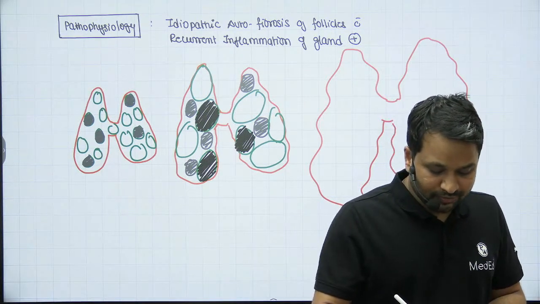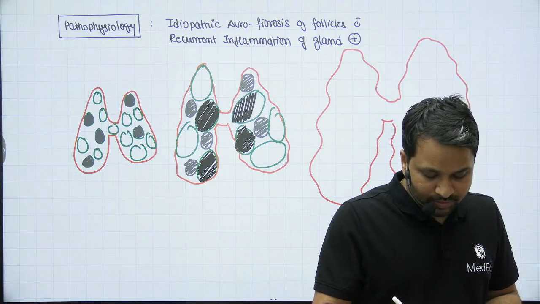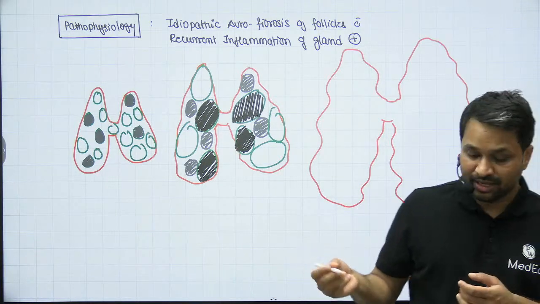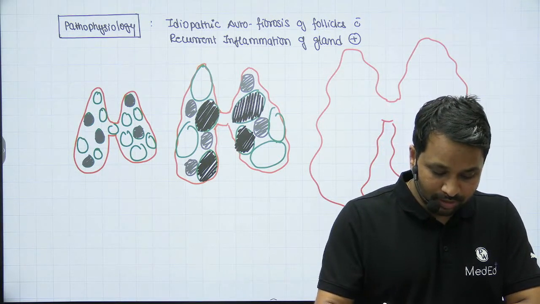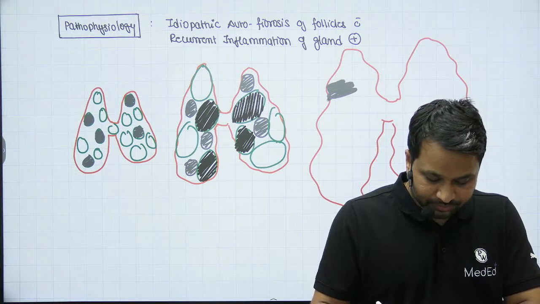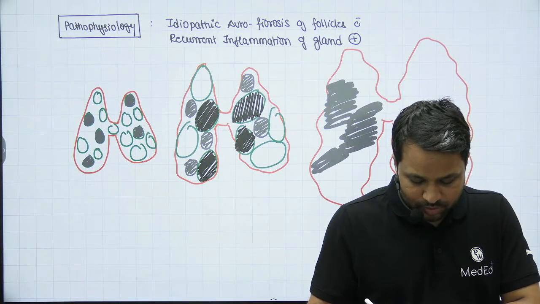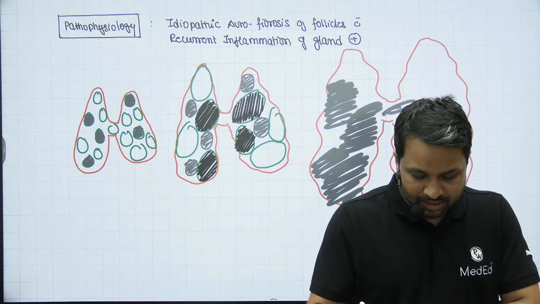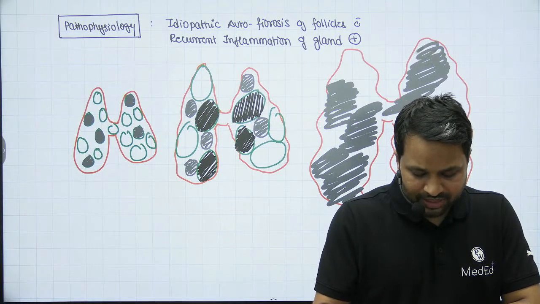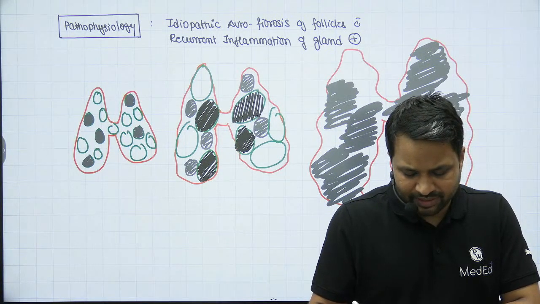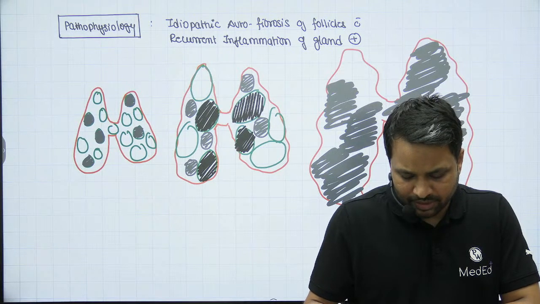Because these follicles have undergone autofibrosis, whichever follicles were left behind will try to compensate. But the problem is, eventually the whole of the gland is going to get fibrosed, and the very few follicles which are left behind will eventually also give up in this process.